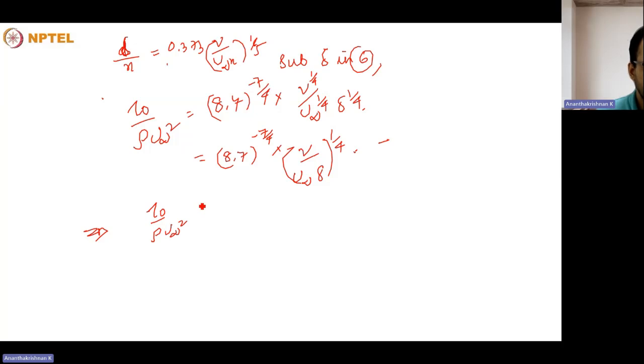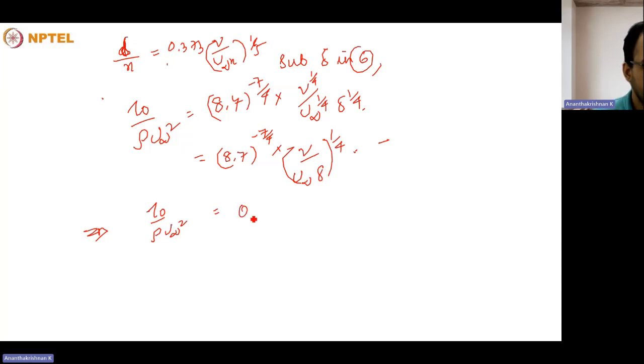We have to find it in terms of skin friction coefficient. So that will be equal to 8.7 raised to minus 7 by 4.